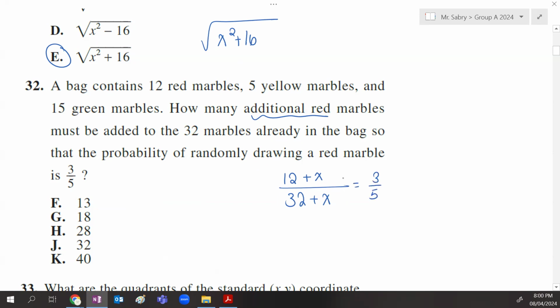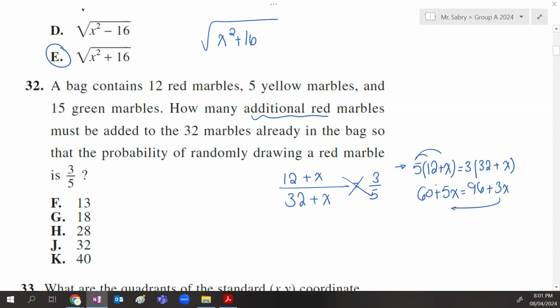Now from that step you can cross multiply, and after that you can use shift solve, but you cannot use shift solve from the very beginning. It would take you so much time on a calculator. So once you do this, you can do it on a calculator with shift solve or just go through the steps, and that would get you 60 plus 5x equals 96 plus 3x.